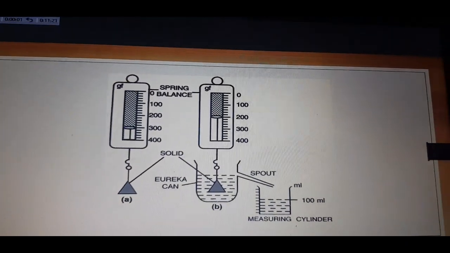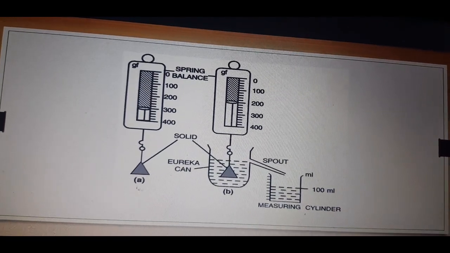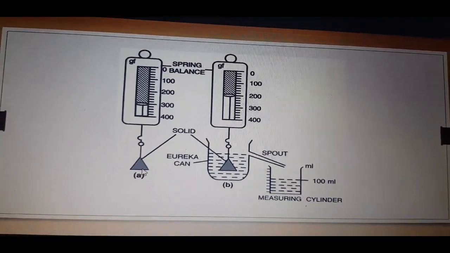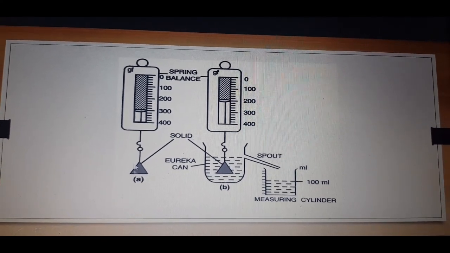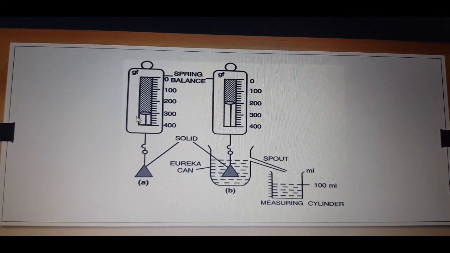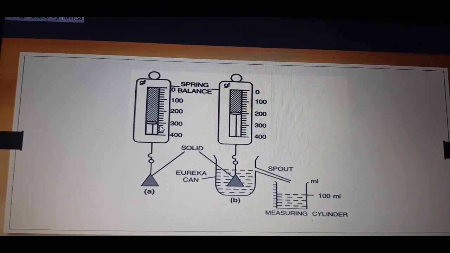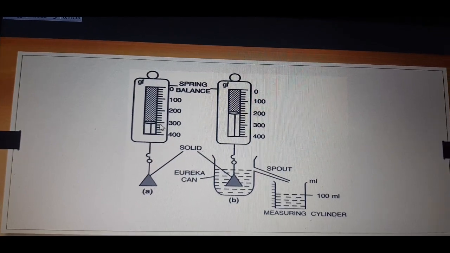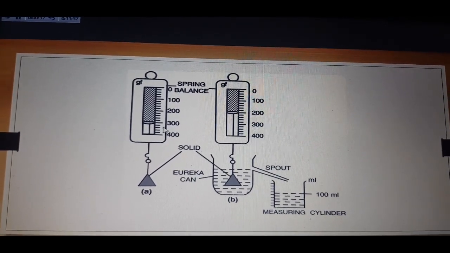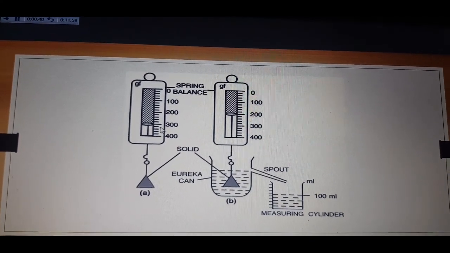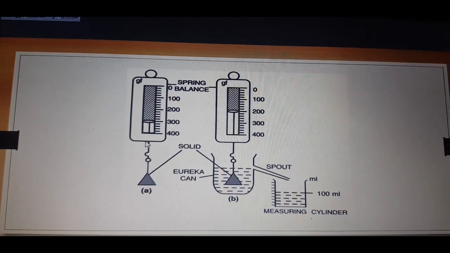So as you can see in the chart, this is our object. It is solid. This is a solid in space. It is not in water. As you see, its weight is 300 grams. Let's say they are in grams. This is 300 grams when it is in space.